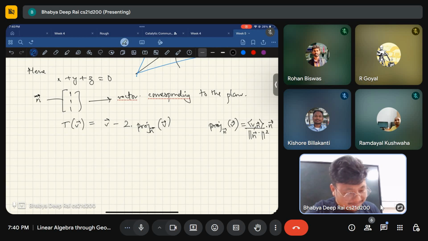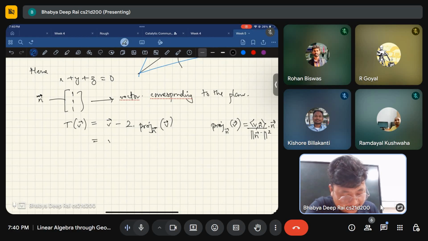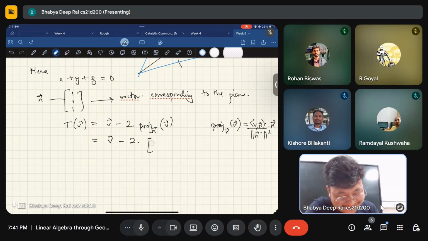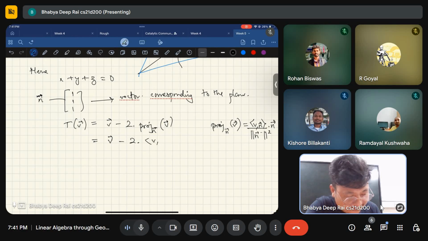Let's write it out. V minus 2 times the projection, which is the dot product of v and the normal n, divided by the norm of (1, 1, 1) squared. What is the norm of (1, 1, 1)?